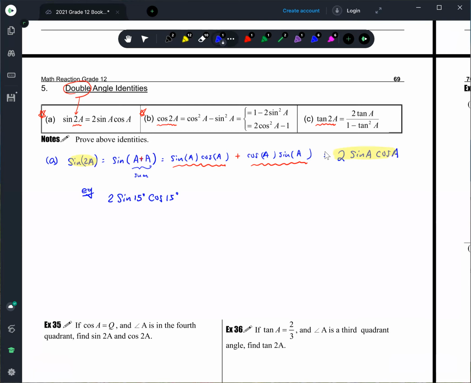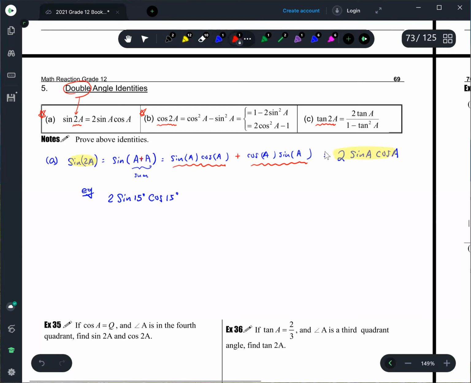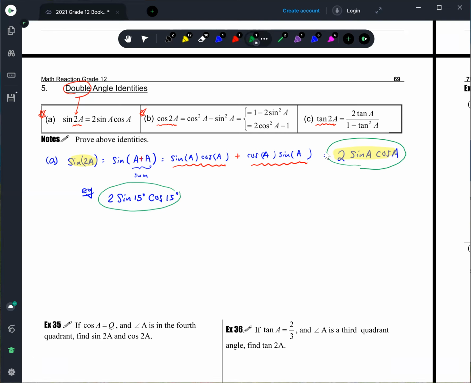Compare this with the identity that we just found. What's the value for angle A, Jenny?